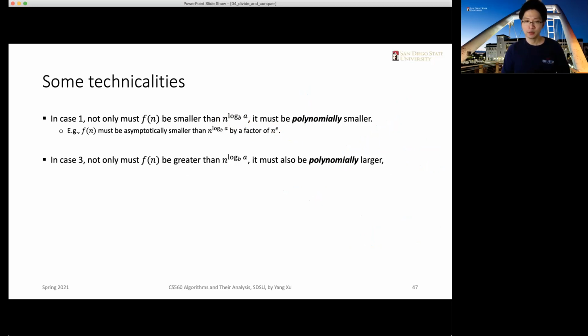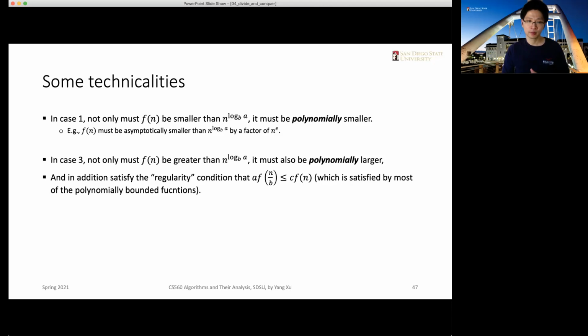We should at least find some epsilon, which can be small but must be a positive number. Another additional condition for case 3 is that this inequality should be satisfied. Generally speaking, it is satisfied by most polynomially bounded functions.